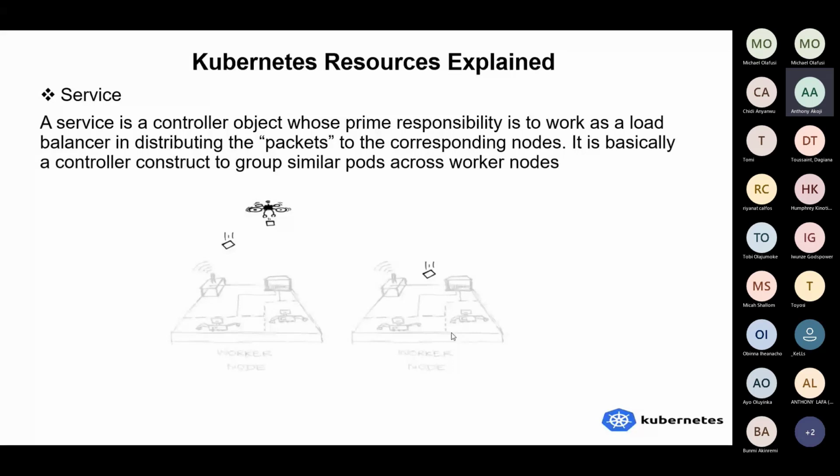When you want to expose it to the external end, you can use either the node port, that is the IP address of whatever server that you have, or you use a load balancer to help people reach your network.